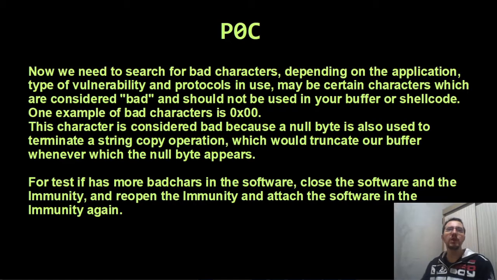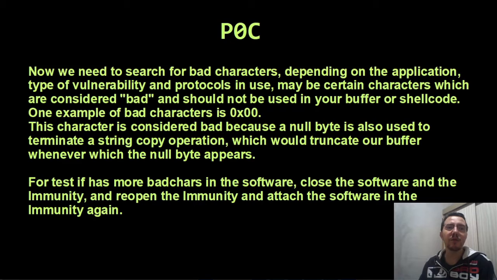Now we need to search for the bad characters. Depending on the application, type of vulnerability, and the protocols used, there may be certain characters which are considered bad and should not be used in our buffer or shellcode. One example of a bad character is 00.